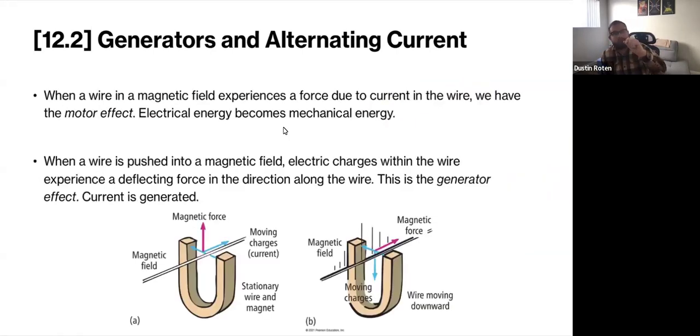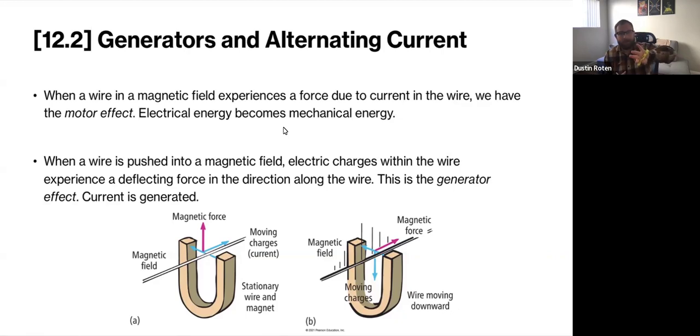All right. So when a wire in a magnetic field experiences a force due to current in the wire, we have the motor effect. Okay, this is literally the exact opposite of the generator. When a wire in the magnetic field experiences a force due to current, that's the motor effect.